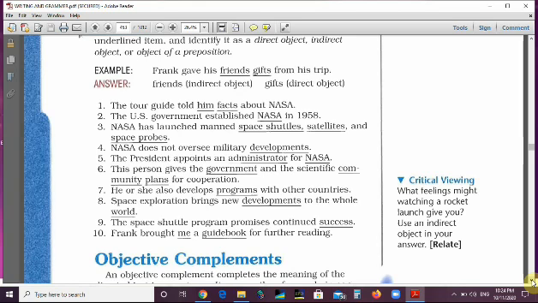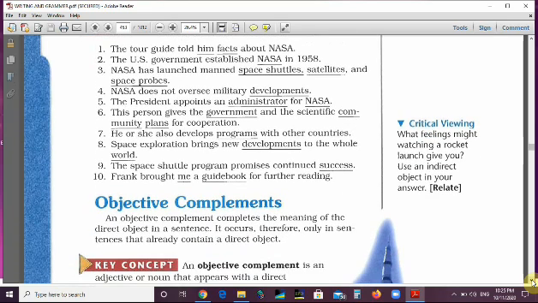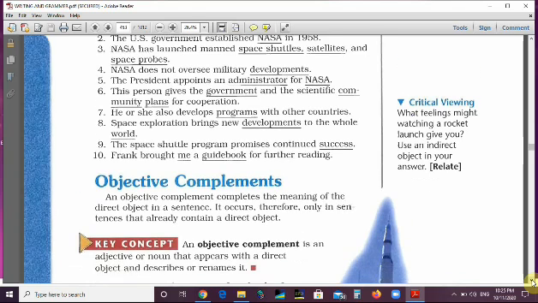All of them are direct objects. NASA does not oversee military developments. Direct object. The president appoints an administrator for NASA. Administrator, direct object. NASA, the object of a preposition, and so on.